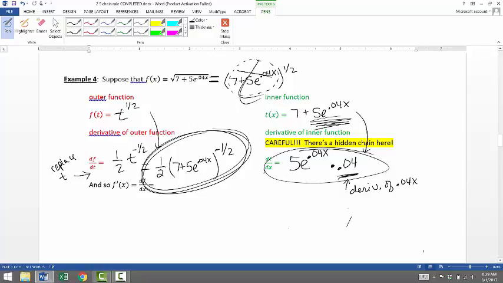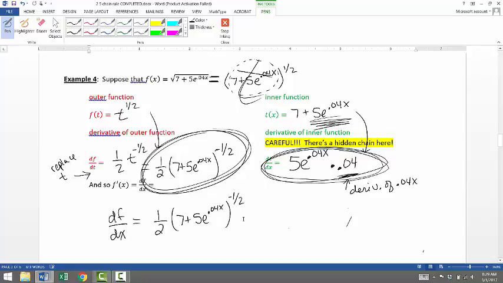And over here we have the derivative of the inner function. Putting it all together with the chain rule, the derivative of f with respect to x becomes 1/2 (7 plus 5e to the 0.04x) raised to the negative 1/2 times 5e to the 0.04x times 0.04.